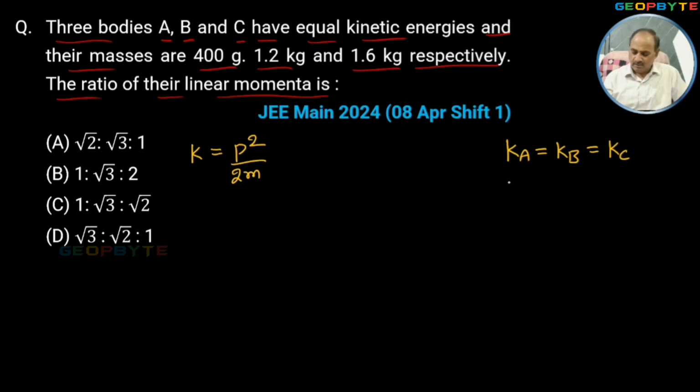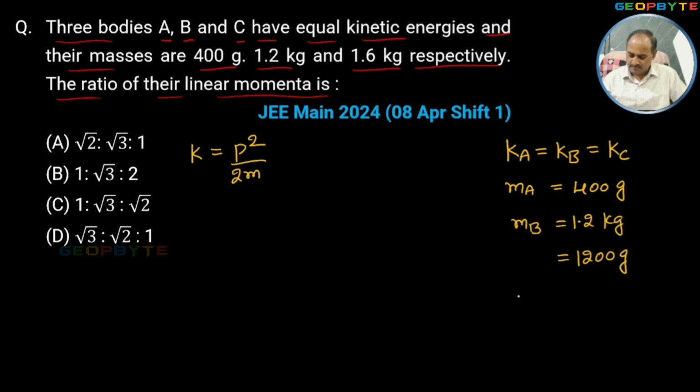Okay. And look at the masses. Mass of the body A is 400 grams. Mass of the body B is 1.2 kilograms equal to 1200 grams. And mass of the body C 1.6 kilograms equal to 1600 grams. Okay.